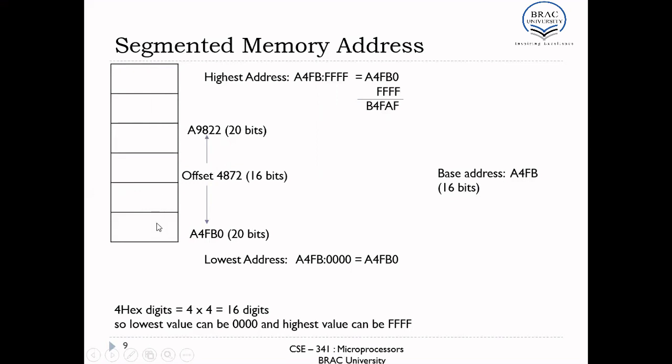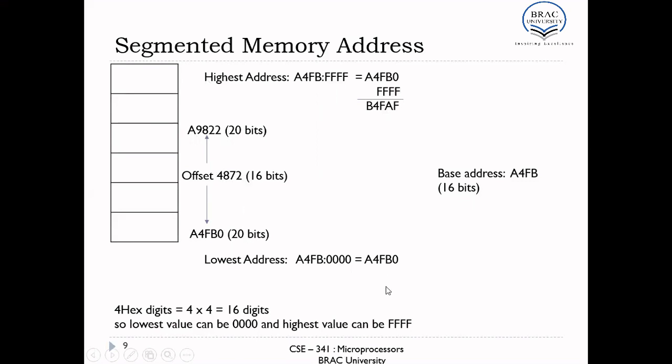Somehow, if we can get the distance from this starting location to this memory location, we can easily access this location. And the distance from the beginning to this particular location within this segment is called the offset. That is also of 16 bits, 4872, a 16-bit offset.